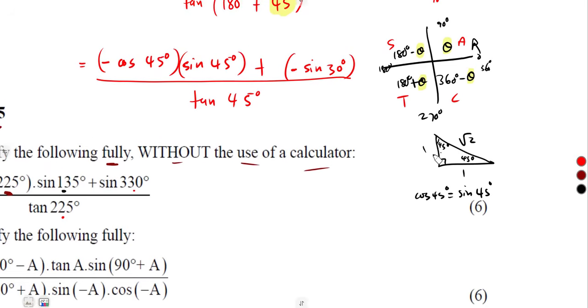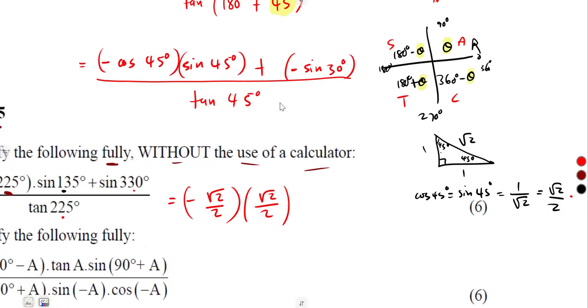That's opposite over hypotenuse or adjacent over hypotenuse, which is going to be 1 over square root of 2. This is the same as what? Square root of 2 over 2 when you rationalize. So meaning to say, it was going to be minus cos 45, square root of 2 over 2, times sine 45, which is the same, square root of 2 over 2. All right? Plus and minus, that's a minus.